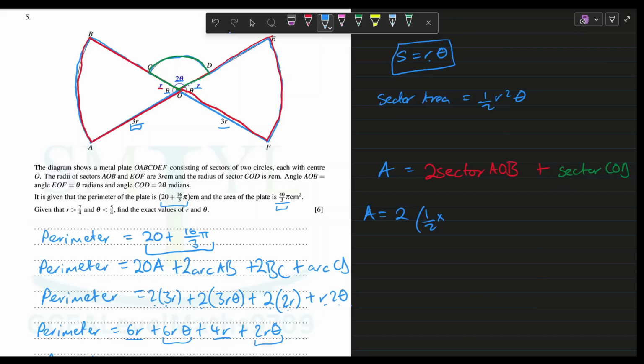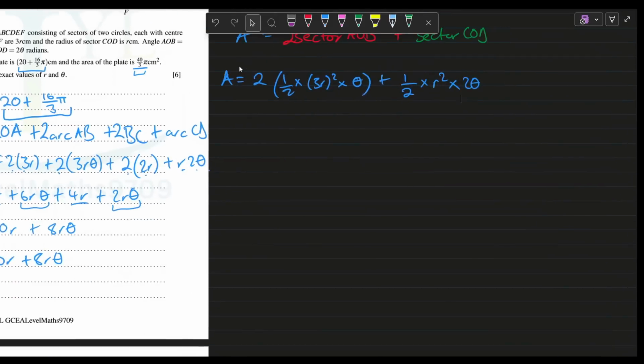The radius is 3r, so it's 3r squared times our angle, which is theta, so times theta, plus for sector COD, again it's a sector, so we're looking at half times the radius squared. The radius is r, so half times r squared, times the angle, in this case 2 theta, so times 2 theta. Alright, so let's just simplify this.